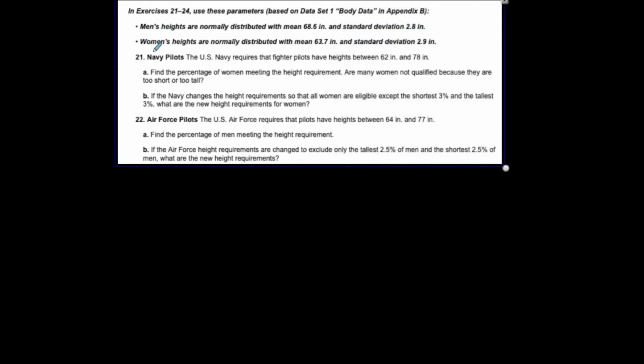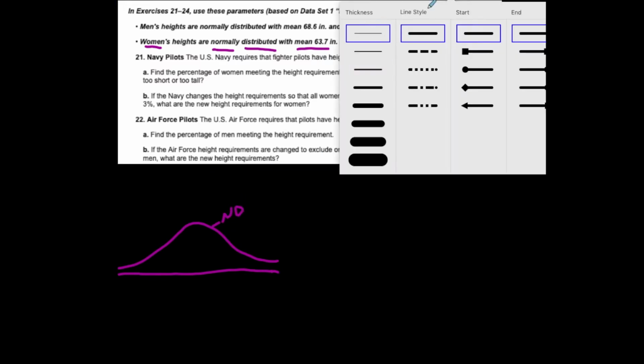This is already given. Let me use purple for women. Women's heights are normally distributed with a mean of blah and a standard deviation of blah. So let me do women in purple or pink or whatever this is. Since they're normally distributed, I can draw a symmetric bell-shaped curve.